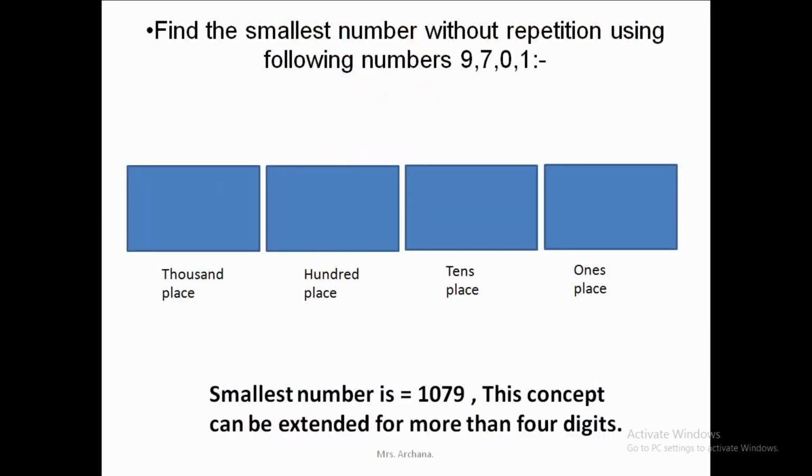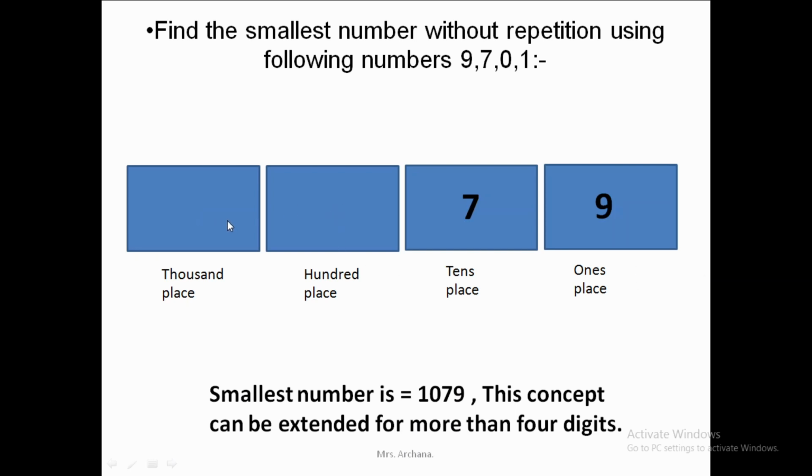Now let's take an example. See here, I will show you how to find the smallest number without repetition. First, 9 is the largest, that we will place in ones place. Then the next largest number we are going to place in the tens place. Then the next largest number is actually 1, but if we place 1 here and 0 here, then we will get a 3-digit number.